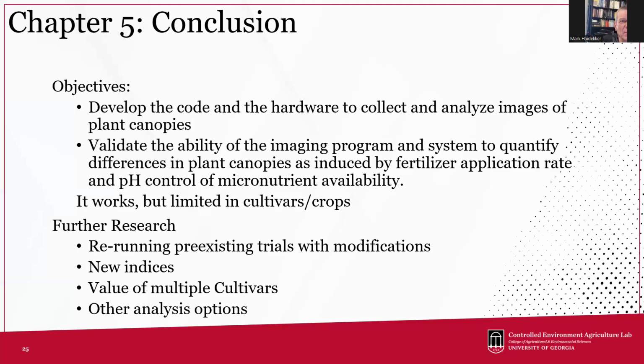And then the other thing that I learned was the value of having multiple cultivars in there. Because if we'd only looked at one of those cultivars, then we would not have gotten a very good idea of the picture. And then other things that would be fun to try. If we're just purely looking at fun, it'd be great to hook it up with a conveyor belt.